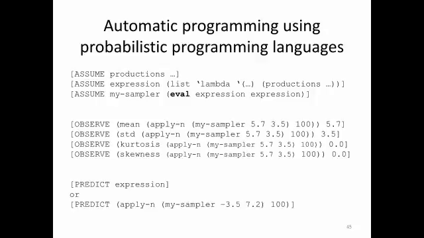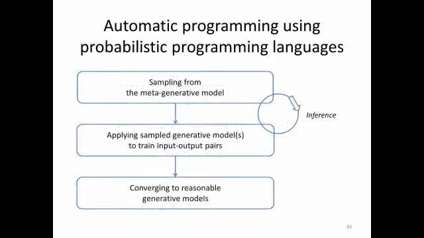Then you either predict your expression, so you want to understand what program it was, or you want to predict 100 samples from this sampler, but using other coefficients. And the idea is you sample from your meta generative model, then you apply the sampled generative models to the training input-output pairs, and you make inference here using some inference algorithm, and then you hopefully converge to a reasonable generative model, which describes your input-output pairs.